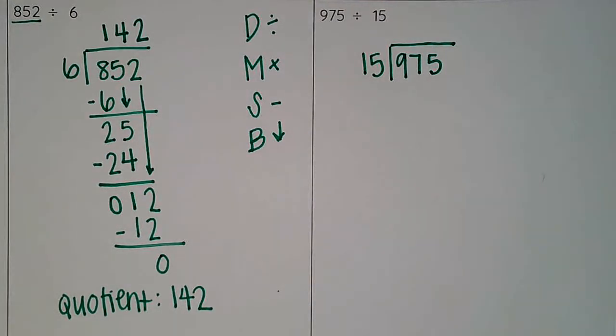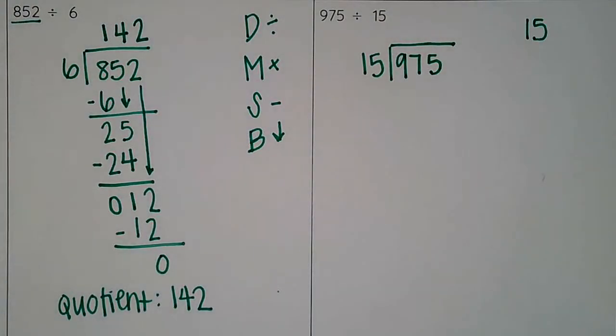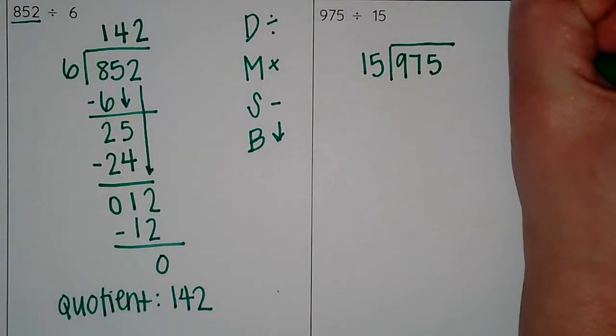Now, because it's a double-digit number, we don't all have those facts memorized. We don't all have off the top of our head the multiples of 15. So if you don't know those off the top of your head, off to the side, we can make a list.